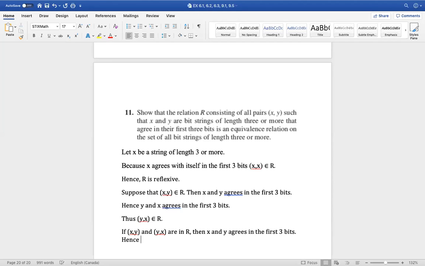Hence we can say this pair (x, y) belongs to R. It follows that R is transitive.